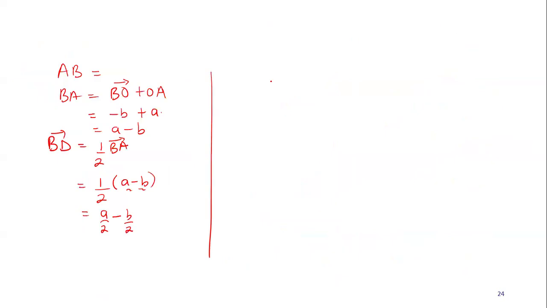So I'm going to come here, and then you can first come and say, this is my O, this is my E, and this is my D. Then you need to look out for which vectors you are going to use.